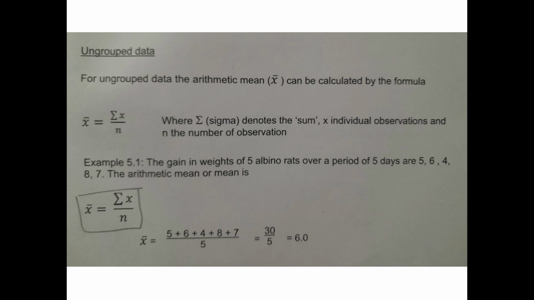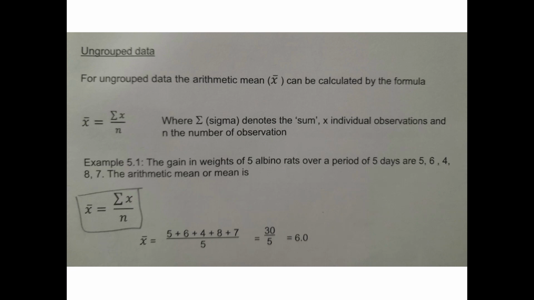So how to calculate the arithmetic mean? First, we have to write what x is: 5, 6, 4, 8, 7. These are x. How many observations are there? There are 5 observations. So x bar is equal to sigma x, that is 5 plus 6 plus 4 plus 8 plus 7, the sum of these observations, divided by n.